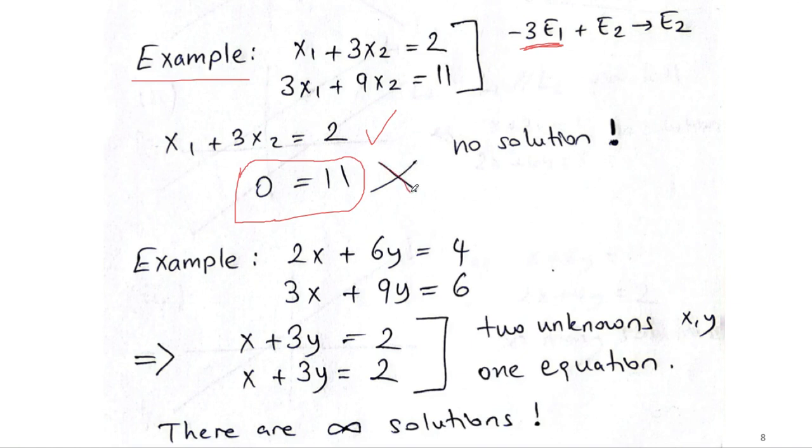We denote the contradiction by this kind of symbol usually. Therefore there is no solution for this system, because these two equations are inconsistent with each other. As you notice, if we multiply this by 3, you will get 3x1 plus 9x2 equals 6. But the same expression cannot be equal to 6 and 11 at the same time. So this system has no solution, obviously.